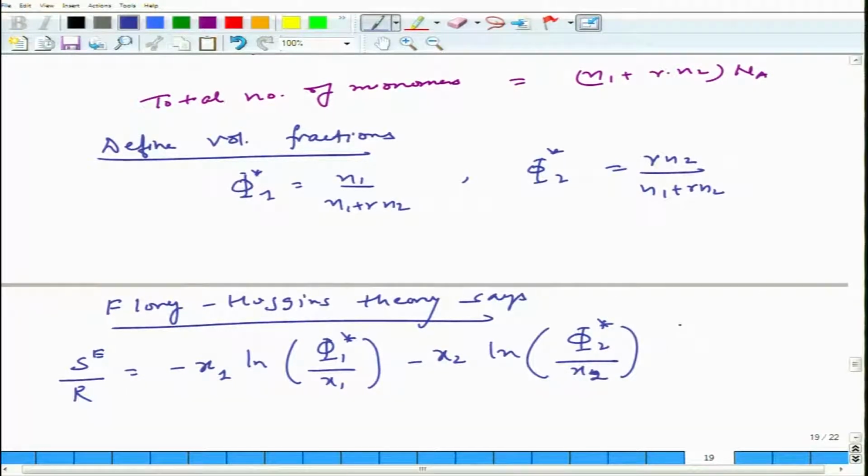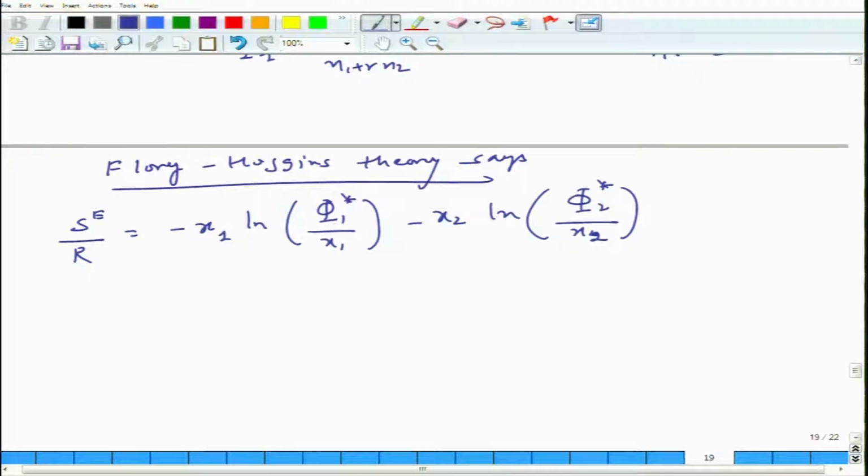So, that is what Flory-Huggins theory says as far as the excess entropy is concerned, and you can derive it using the lattice model, considering that the polymer occupies the lattice points of the space, but we will not go through the derivation of this. Okay. We are just asserting this expression.